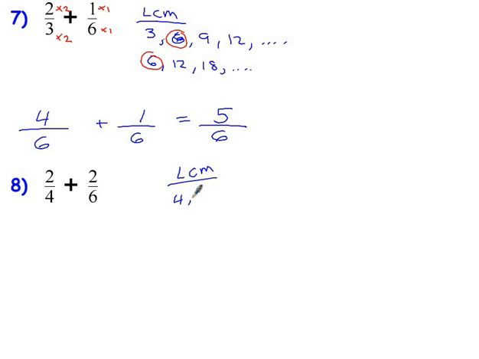So we have 4, 8, 12, 16, 20, etc. And for 6, we have 6, 12, 18, etc. The first number that's in the top list and bottom list is 12. So that means we can rewrite the fractions over 12.